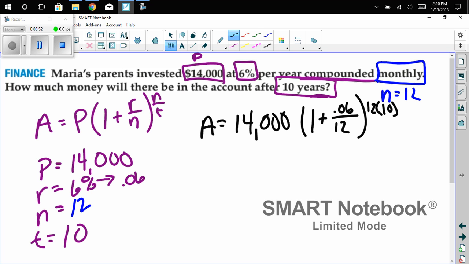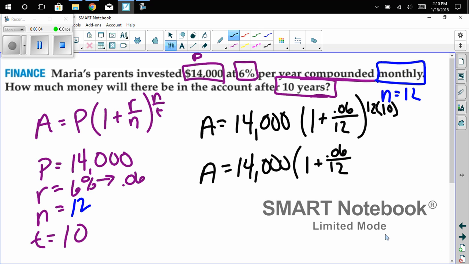Now, what I recommend you do is go ahead and multiply the N and T up there, so we get A equals 14,000 times (1 plus 0.06 over 12) to the 120. Now you can just put this in your calculator exactly like this: 14,000 parentheses 1 plus 0.06 divided by 12 parentheses, caret key 120.